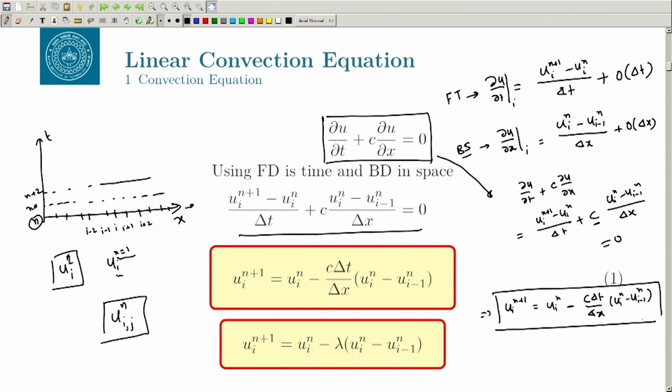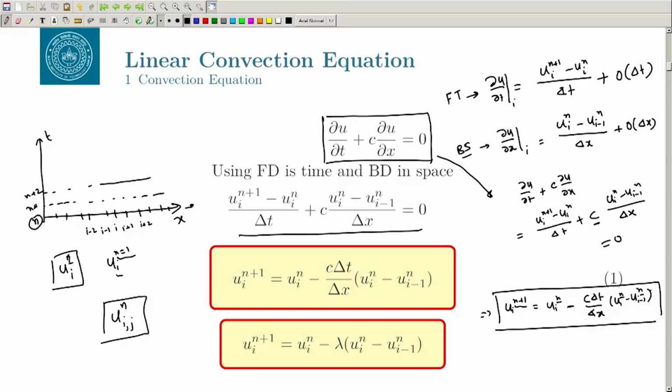Because you want to go to n plus 1. So, on the right hand side everything is at n. You know the value at n, and you have discretized your function at time n at every point, i equal to 1 to i equal to capital N, and you want to see what happens at n plus 1.